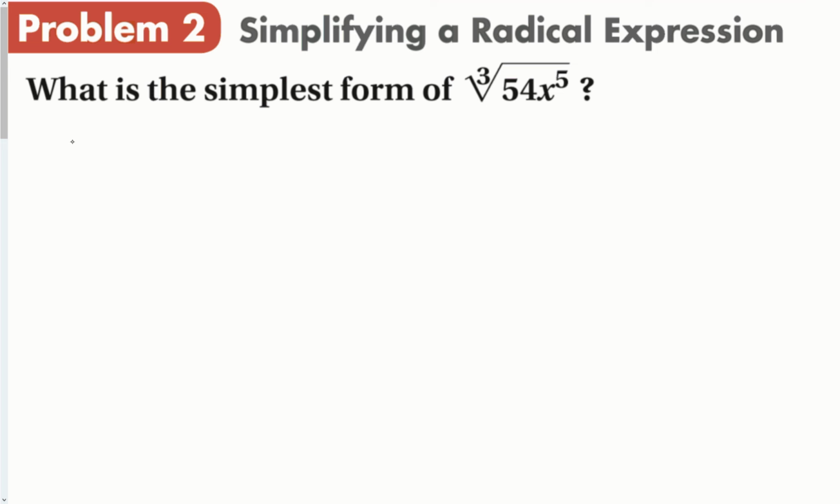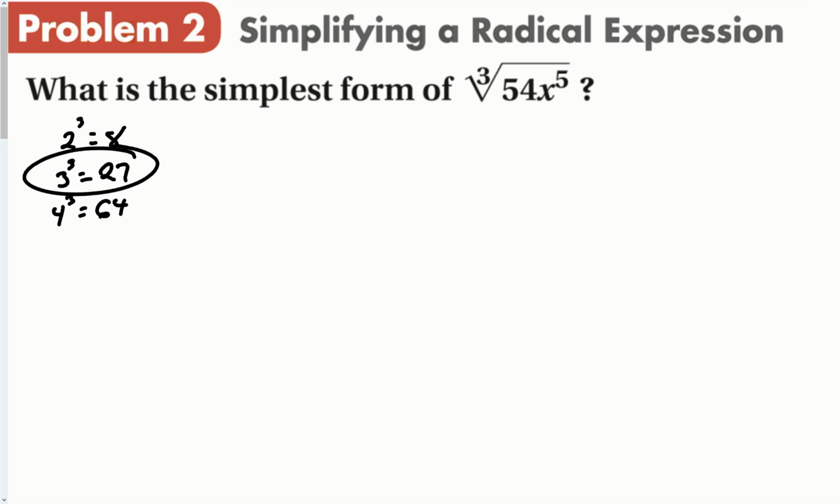Well, what are perfect cubes? 2 to the third is 8. 54 is not divisible by 8. 3 to the third is 27. 54 is divisible by 27. It's 27 times 2. Maybe there's another one. 4 to the third is 64. That's too big. That's not going to go into 54.